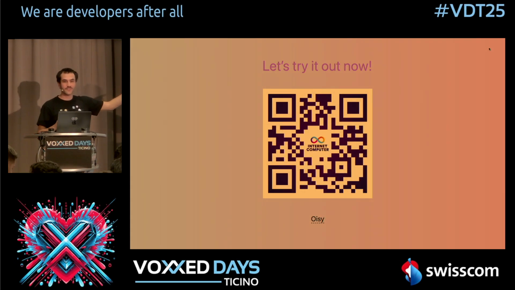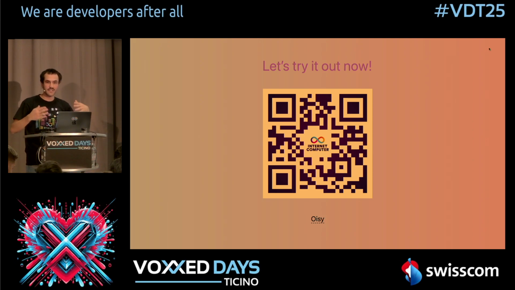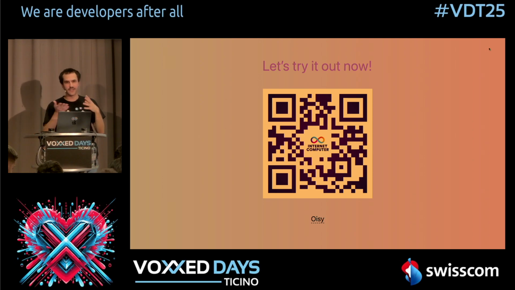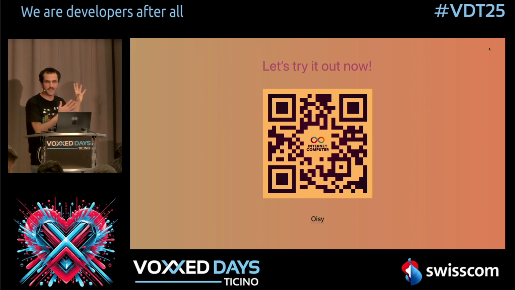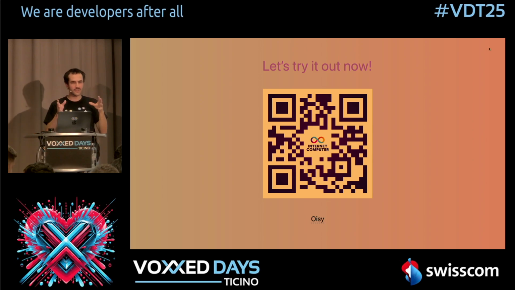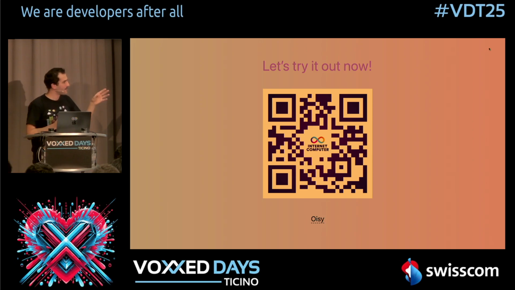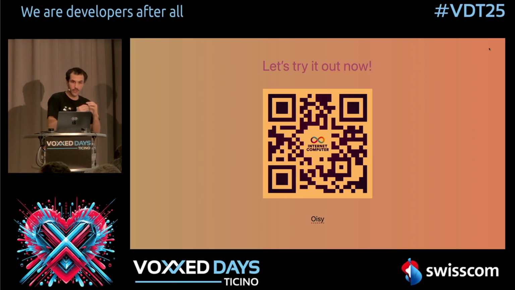Now you can access one application, which is Oisy. Oisy is actually a browser wallet, so it's kind of similar to what we wanted to build before, a point of sale application, because Oisy enables us to access with our Internet Identity and enables us to hold cryptos without managing the private keys.